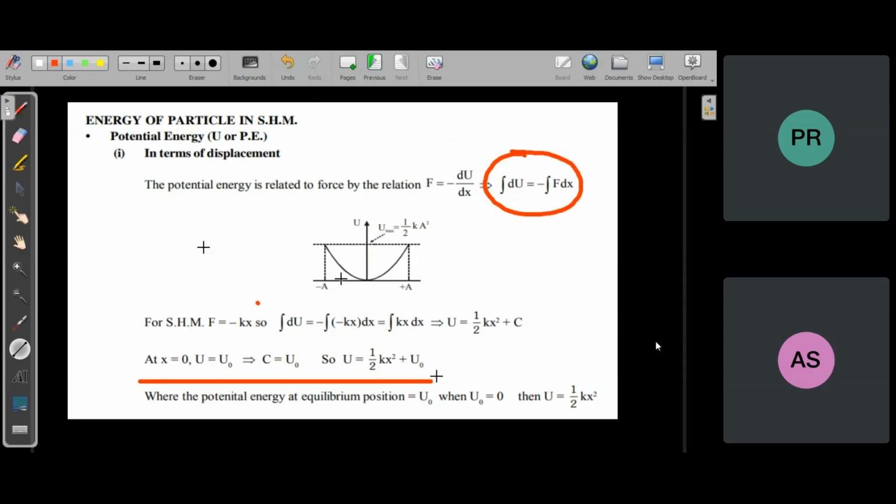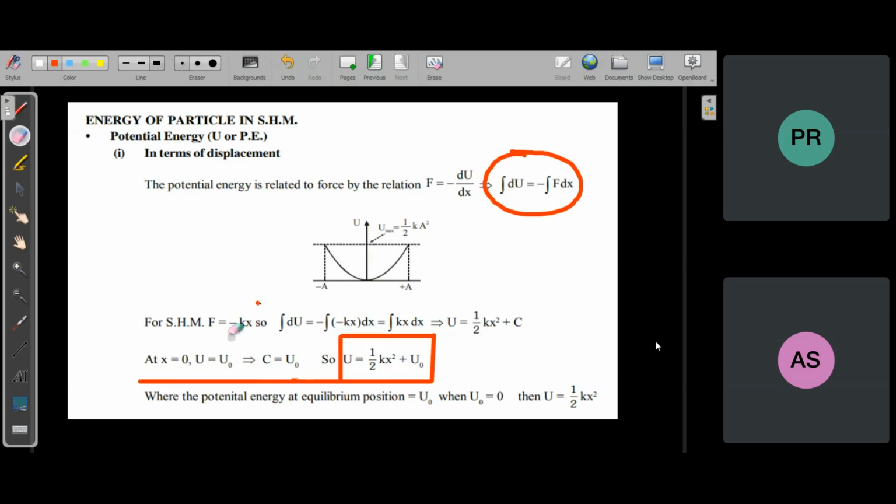Are you getting? Maybe the minimum value is u naught. So the correct equation of the potential energy is this. Many times a student makes a mistake. They simply write half kx square. That is not the correct equation of the potential energy.